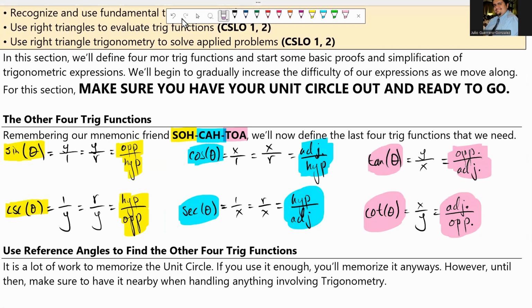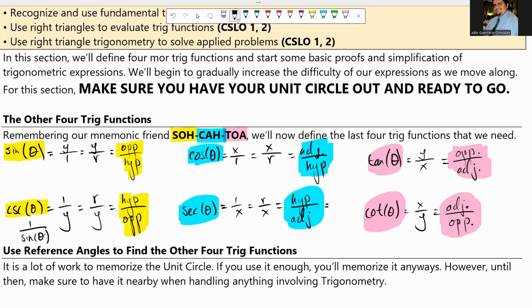Okay. So here's some modifications that we can make already. We know that each one of these, for cosecant, it's the flip of sine. So that means that we can also rewrite this as 1 over sine of theta.